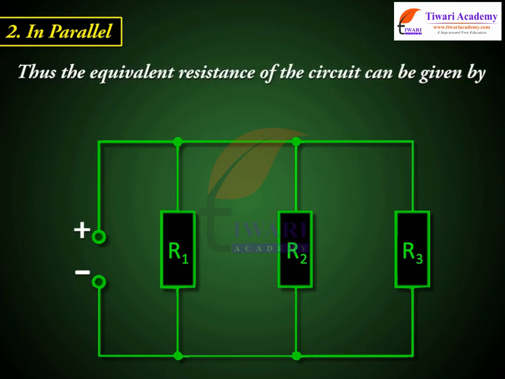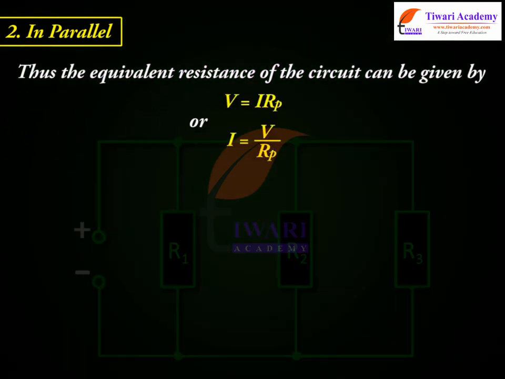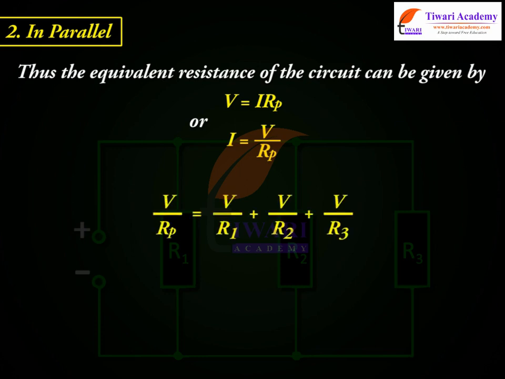Thus, the equivalent resistance of the circuit can be given by V is equal to I R_P, or I is equal to V by R_P. So V by R_P is equal to V by R1 plus V by R2 plus V by R3, or 1 by R_P is equal to 1 by R1 plus 1 by R2 plus 1 by R3.